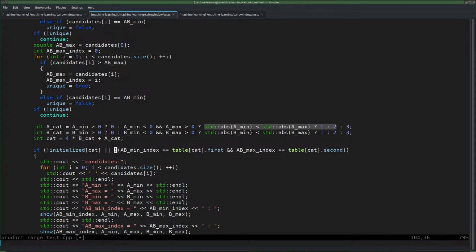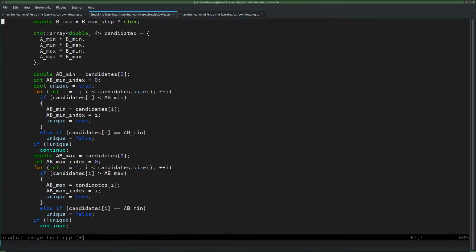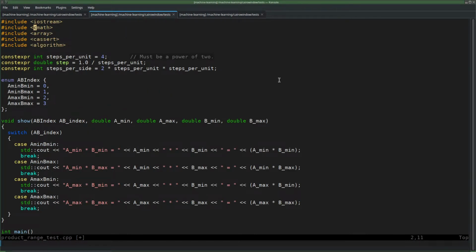If it is initialized but it is different, then we have to stop. So what is this? Not one of these things. AB min index equals table category first. Yeah, I think that's still what it was. So my AB min index must now be of that enum value.